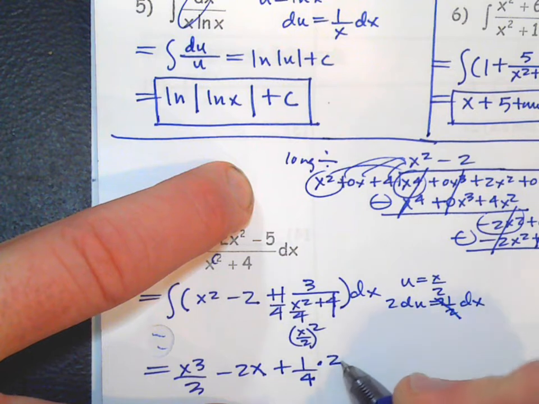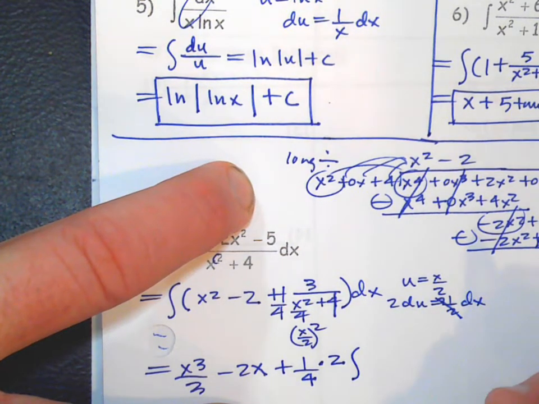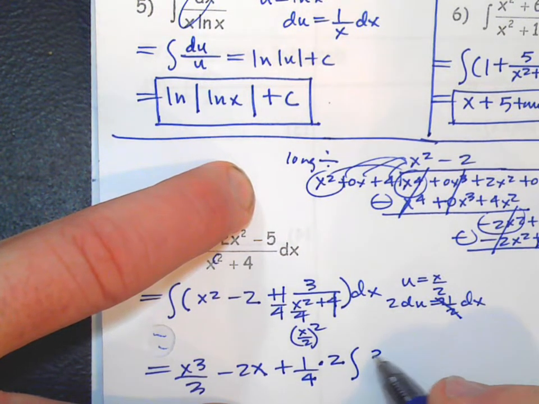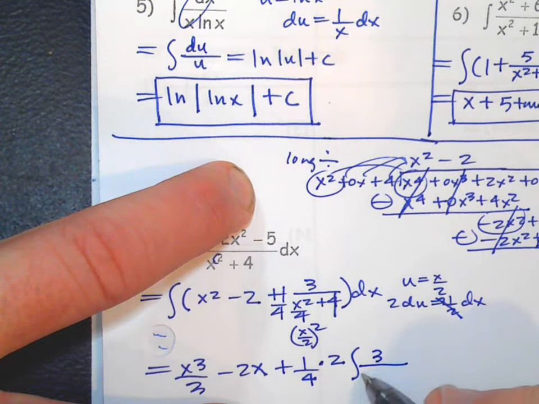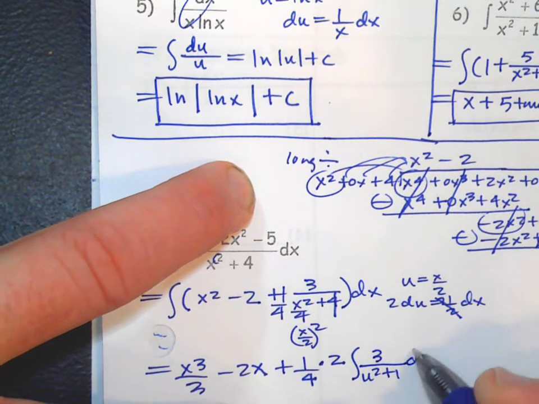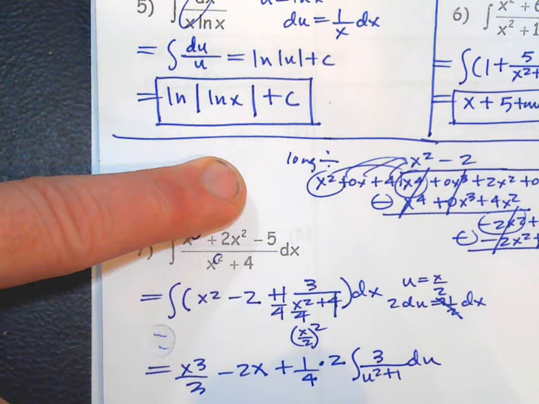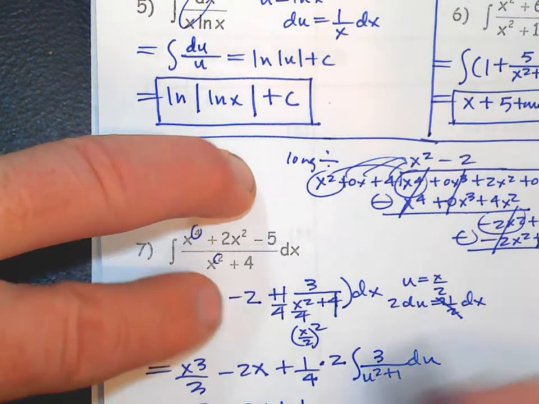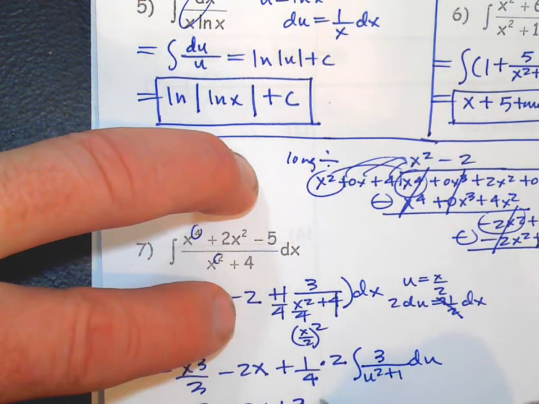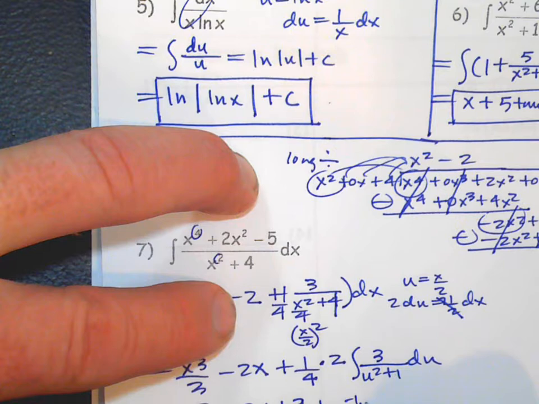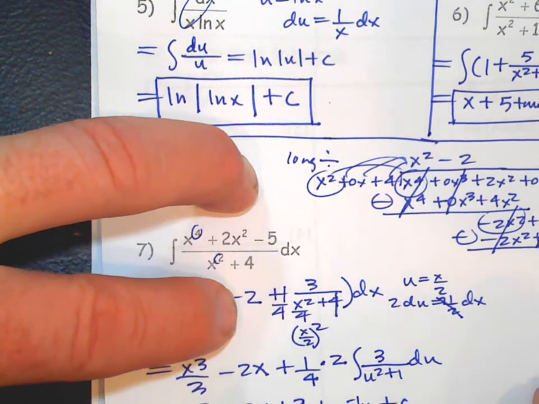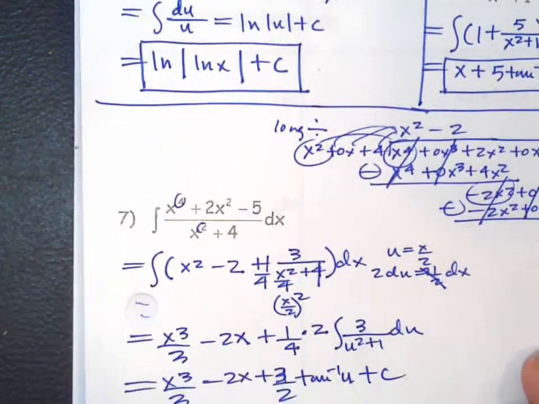Another 2 pops out. Integral of, there's a 3 on the inside. I guess I could move that out. It's going to be u squared plus 1 du. Bring the 3 out. Inverse tangent of u. So I still need to change it back to the original variables.